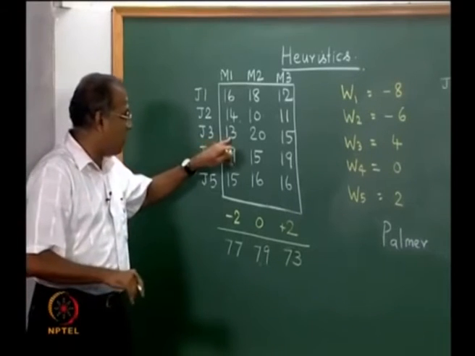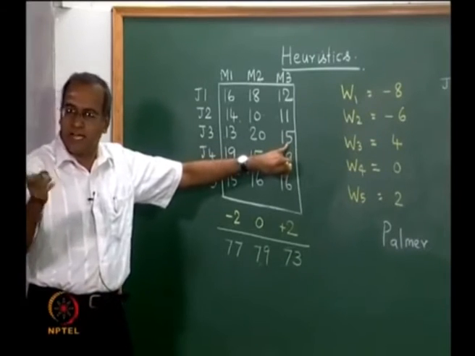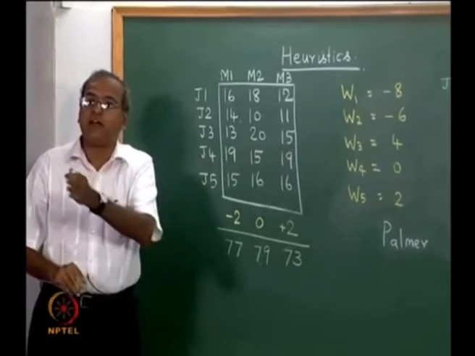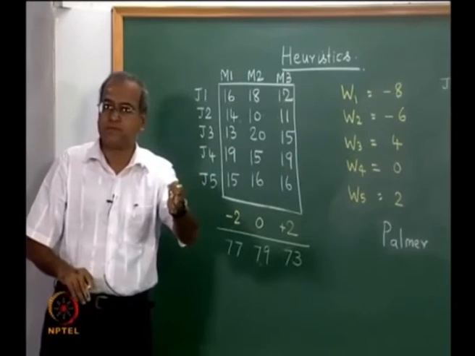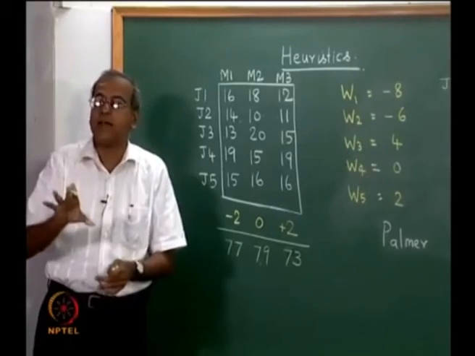J3, which has a lower value on M1 and a higher value on M3, will have a value greater than 0 and a higher value of the index, and therefore will figure early in the sequence. Now, this is very close to the Johnson idea.